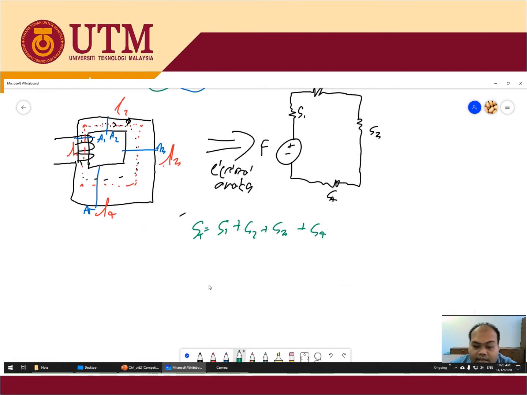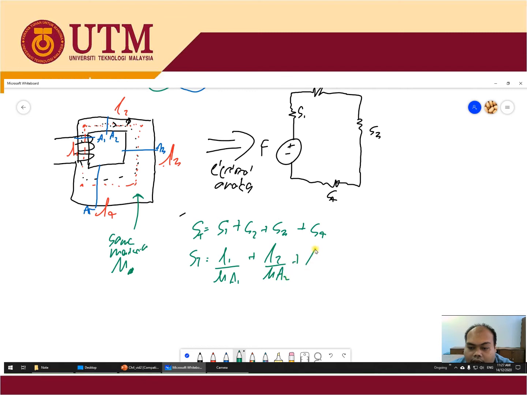And remember the formula. S total equals L1 divided by mu A1 plus L2 over mu A2 plus L3 over mu A3 plus L4 divided by mu A4, assuming the same material, so it's the same mu.